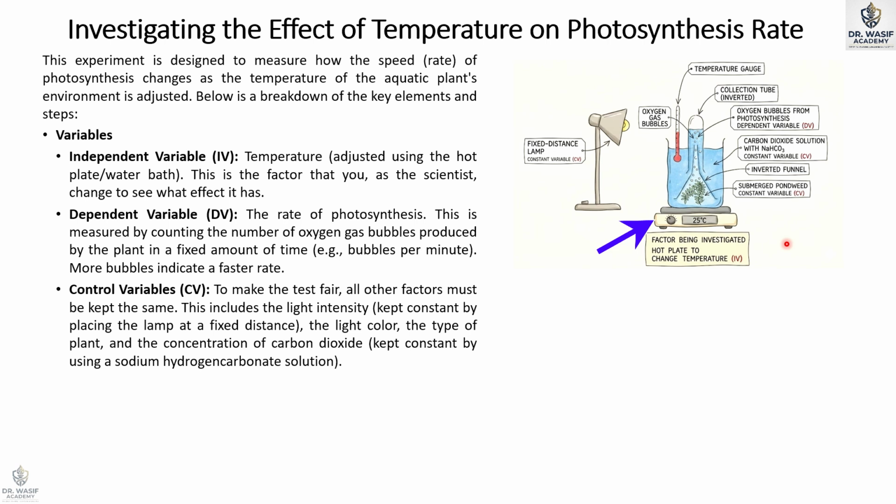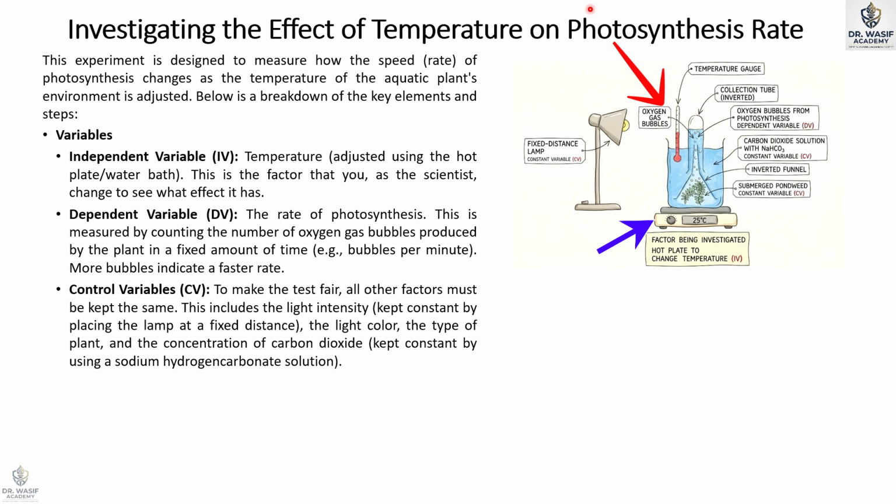And what will be our dependent variable? The dependent variable is still the rate of photosynthesis, because we are going to investigate the effect of temperature on the rate of photosynthesis, which we shall measure similarly by counting the oxygen bubbles produced per minute.